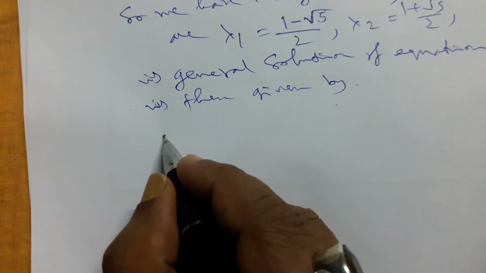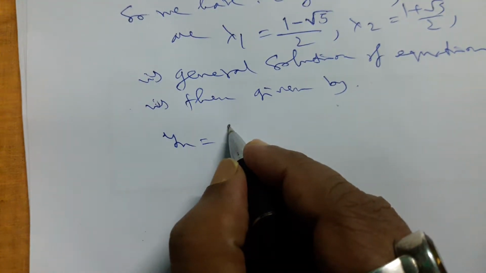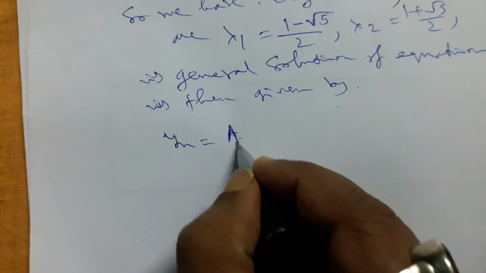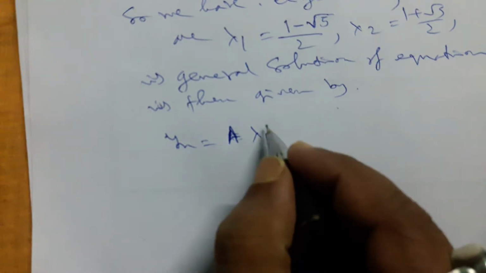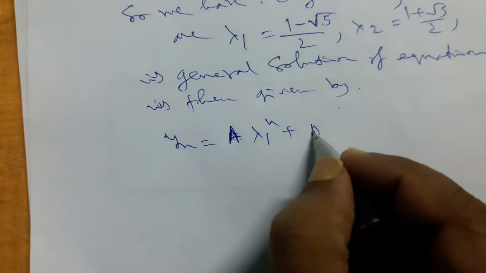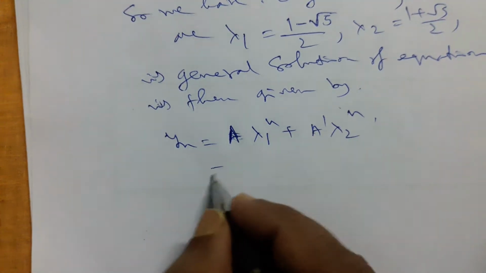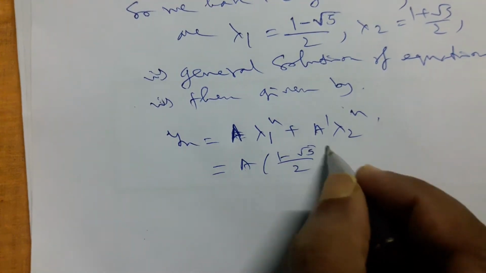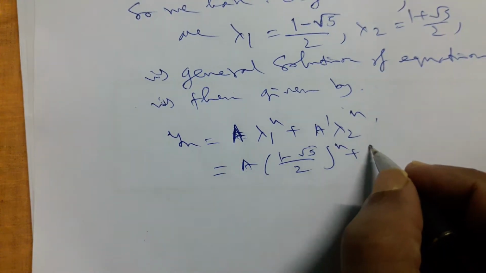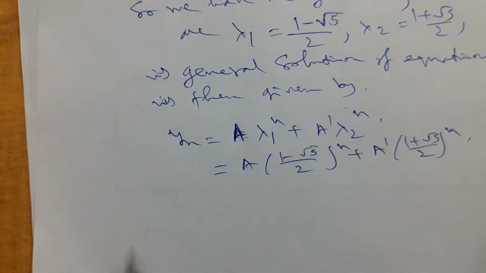So the solution is y(n) equals a lambda 1^n plus a' lambda 2^n, that is a times ((1 minus root 5)/2)^n plus a' times ((1 plus root 5)/2)^n.